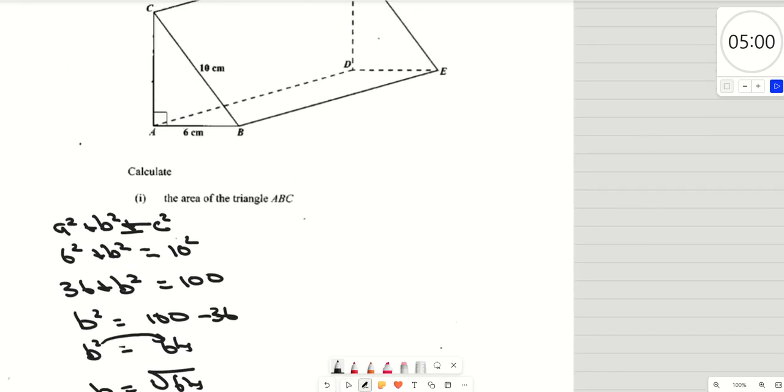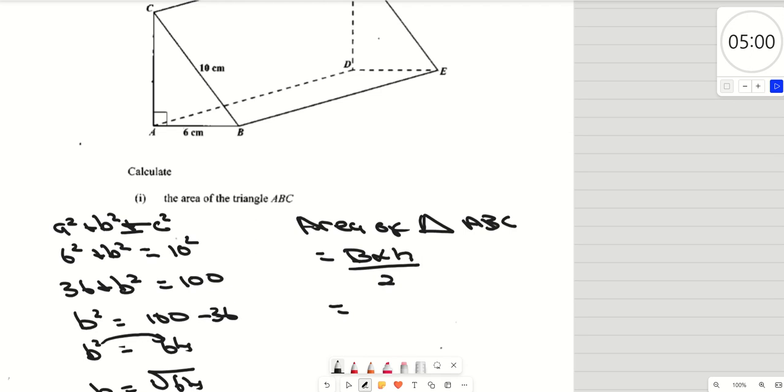Now, you can find the area by using Heron's law, or because they gave you the height, you can say area of the triangle ABC is equal to base times height all over 2, where base is equal to 6, height is equal to 8, over 2.